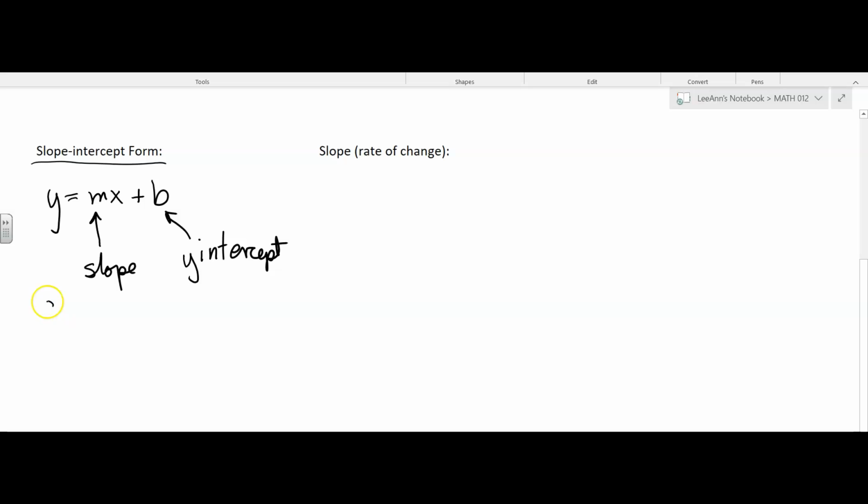You might also see this written in function notation, f of x equals mx plus b, okay? So a lot of times when we start out in algebra, we do it in terms of x and y, but then when we start learning about functions, you might see the function notation, okay?